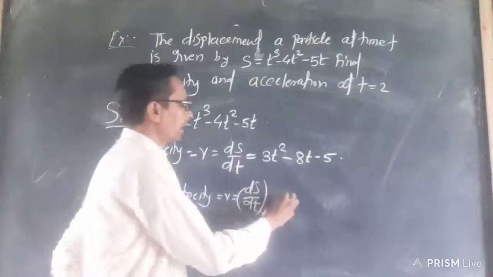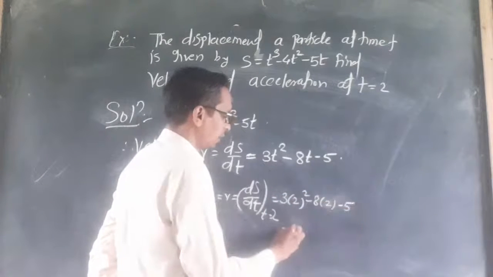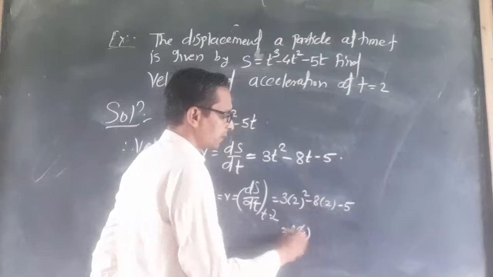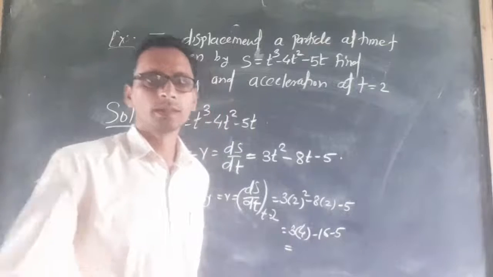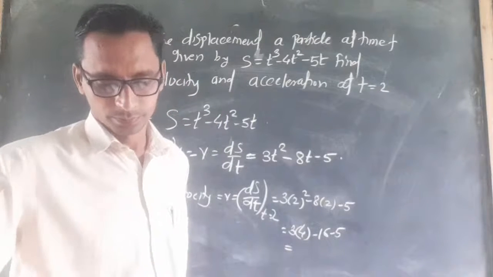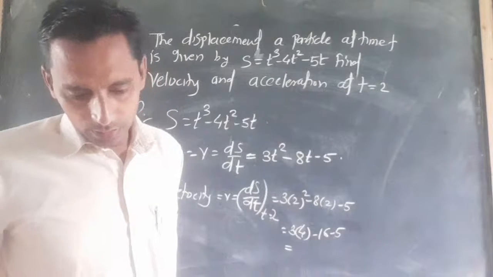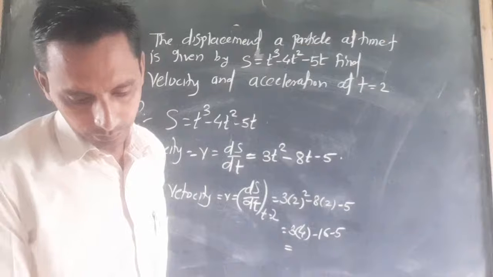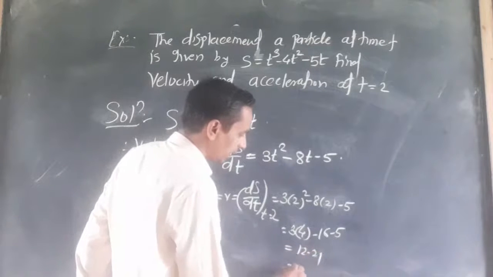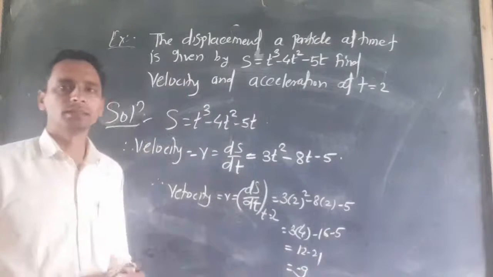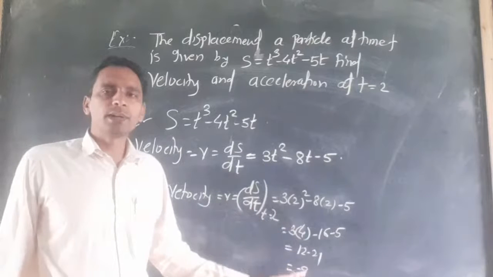Therefore, 3 into 2 square minus 8 into 2 minus 5. 3 into 4 is 12, minus 16 minus 5, that is 12 minus 21. Answer is negative 9. Therefore, friends, velocity at time t is equal to 2 is negative 9.